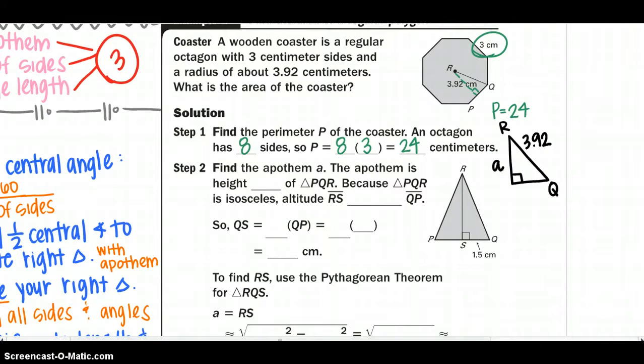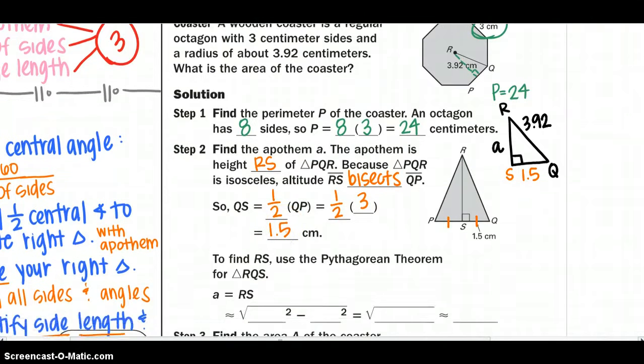So the apothem is the height of that triangle, they called that point S. Because the triangle is isosceles, the altitude RS bisects QP. So we know that this is congruent to that. And since PQ is 3, we know that half of it is 1.5 centimeters.